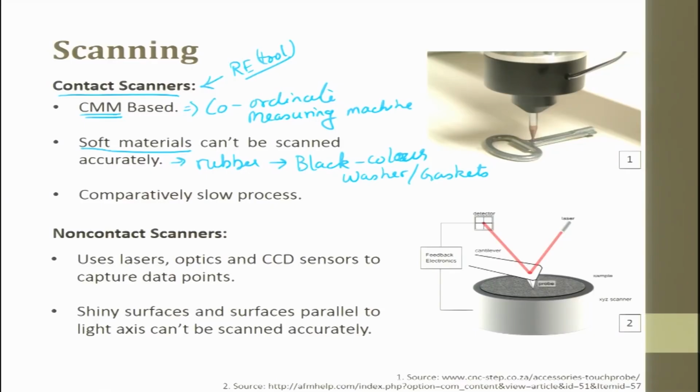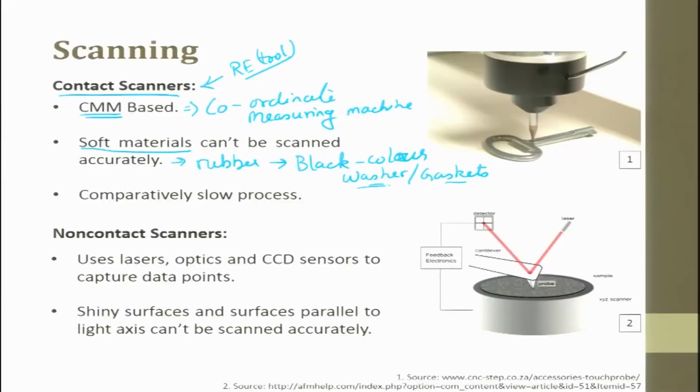If you want to seal it, we always put a gasket in between. So, if you want to measure the dimensions or the form accuracies of these things, it is very difficult because these gaskets and washers are soft, and when you try to touch them, they deform the object, and the moment you get the data of the deformed object, when you reconstruct the object, you will see that there will be a lot of error in the data points.